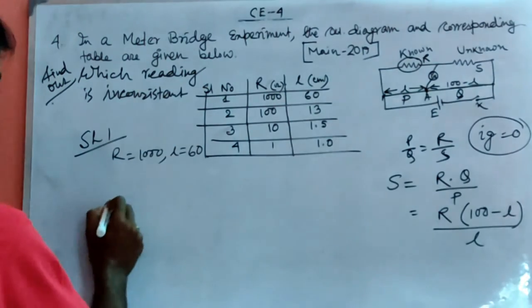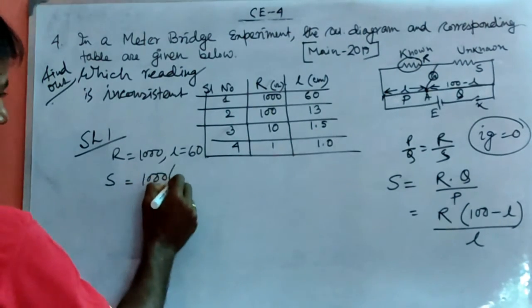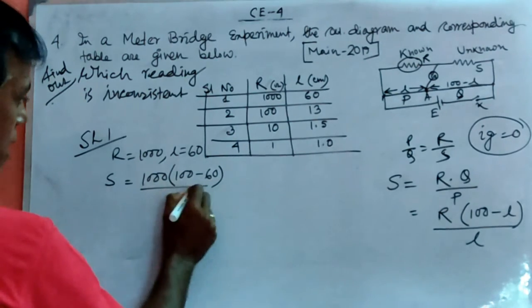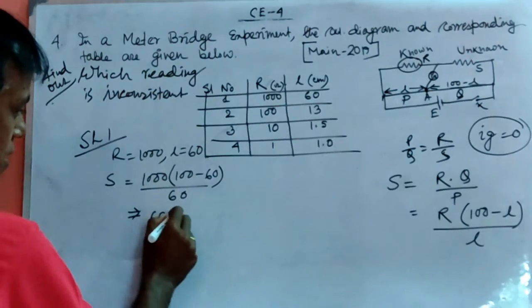So here S is equal to 1000 into (100 minus 60) by 60. It comes 667 ohm.